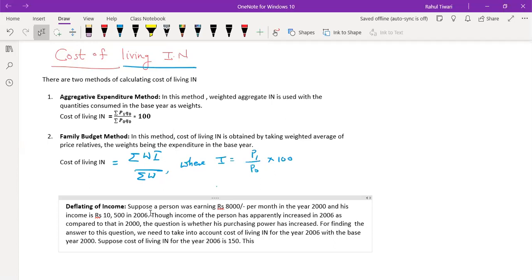This means that an item which cost rupees 150 in 2006 was worth rupees 100 in 2000.